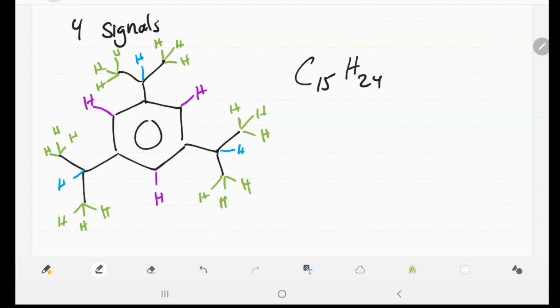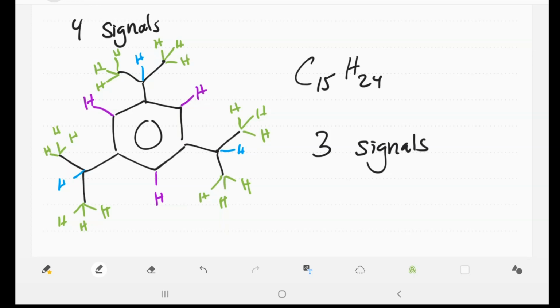Like, wow. You'd say, oh, well, look, there should be 24 different hydrogens here, but you only see 3 signals. 3 peaks. Because they're all equivalent to each other.